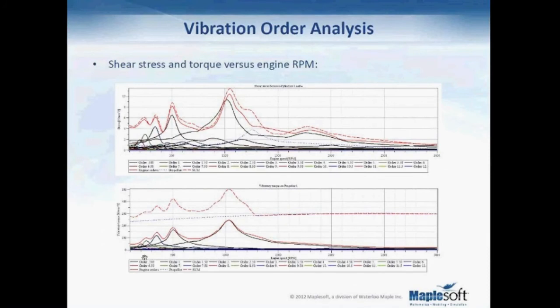For example, these two plots show the maximum shear stress, the top one, and the vibratory torque on the propeller, the bottom graph, over a range of engine RPM for each individual harmonic order. We have 24 orders here because we have a 4-stroke engine.